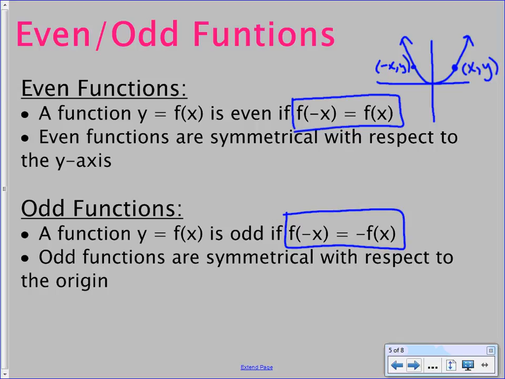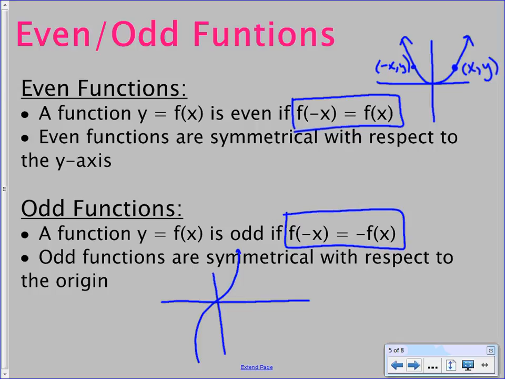Origin symmetry would look like this. If you fold your graph along the x-axis and then along the y-axis, then your graphs are going to match up.